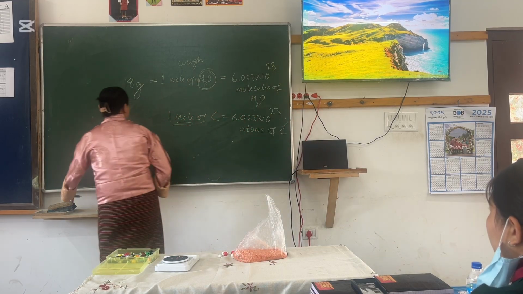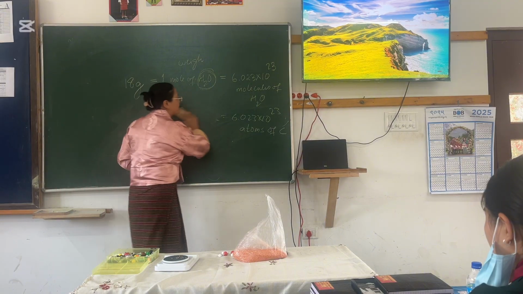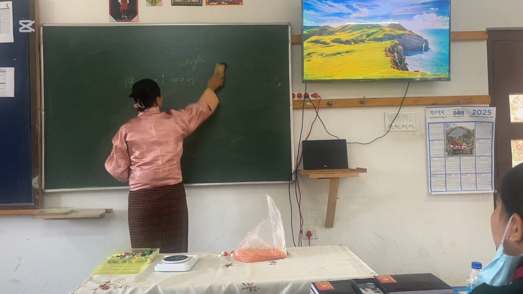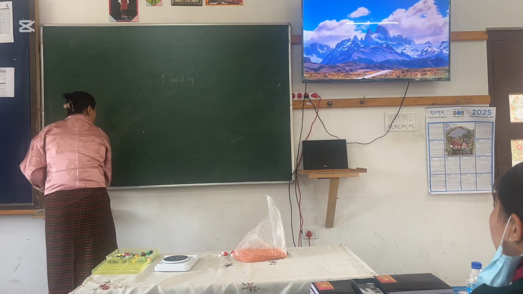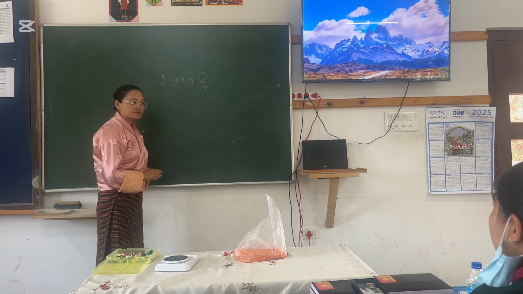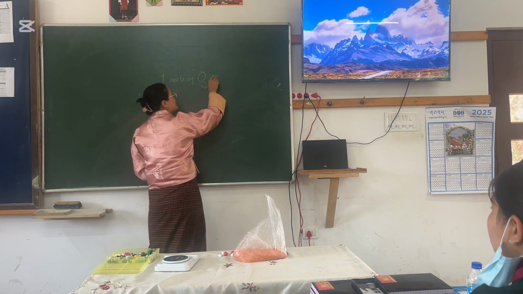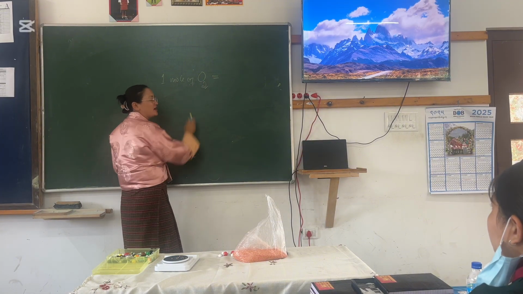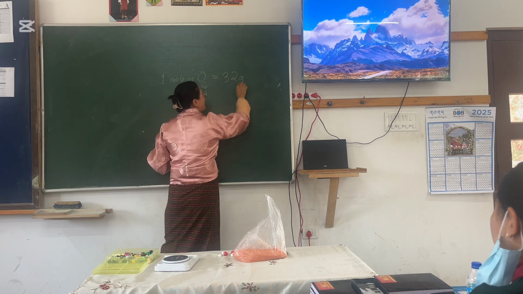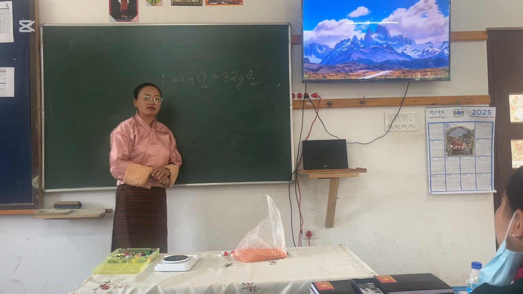Now, if it is a gas, for example, if I ask you to bring me 1 mole of oxygen gas, in terms of weight, what is the molecular weight? 2 times 16? Yes, 32 grams of oxygen.